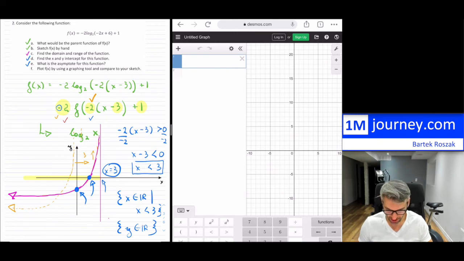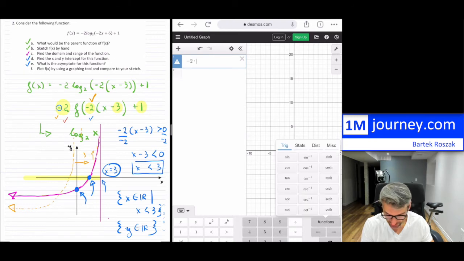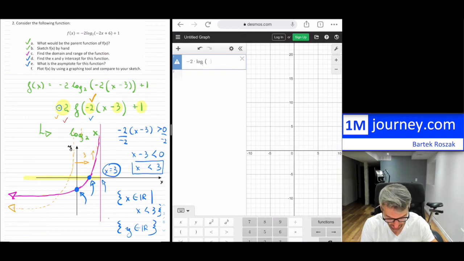This is going to be -2 times, now we're going to put log, so miscellaneous. This is log of base 2, and that was of -2x plus 6.